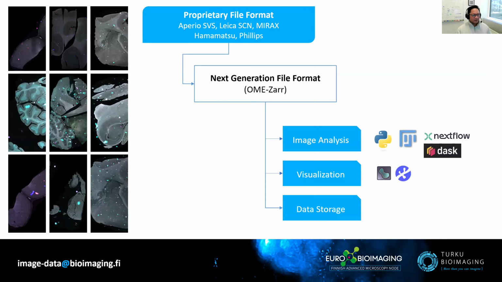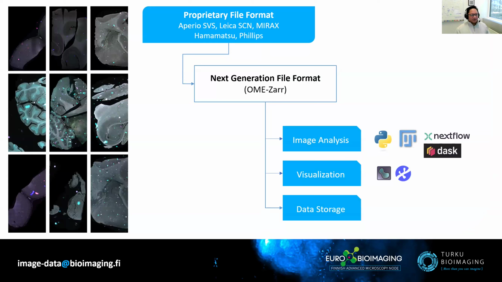So one particular challenge that is almost the first thing that we encounter when we deal with this kind of data is the proprietary image format. So in and of itself, it's not a problem, but I have found that if you want to analyze that initial image data, but at the same time you want to visualize it and you want an effective way to store it, we found here in our unit that it's hard for one of these proprietary formats to do all things at once.